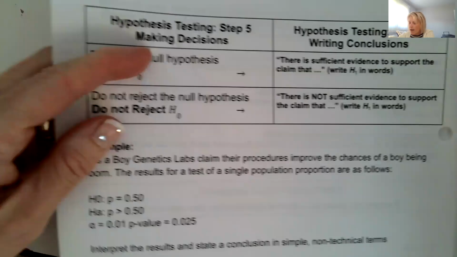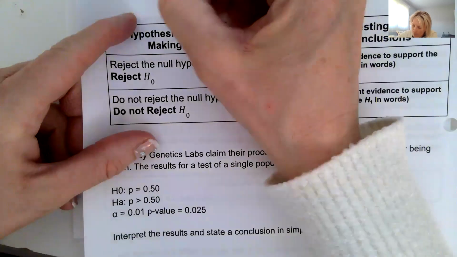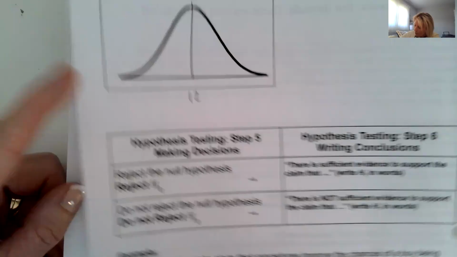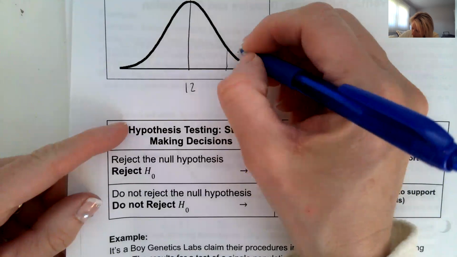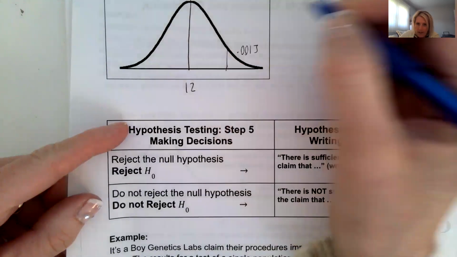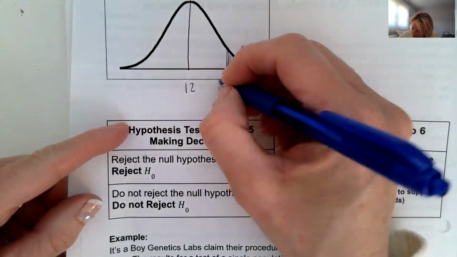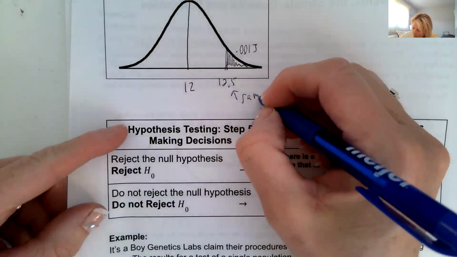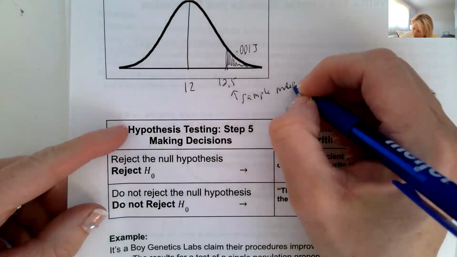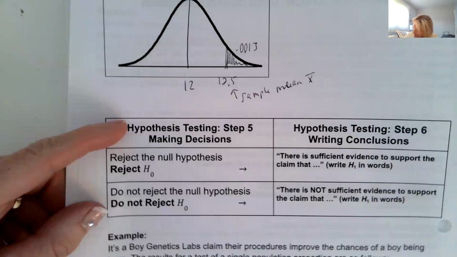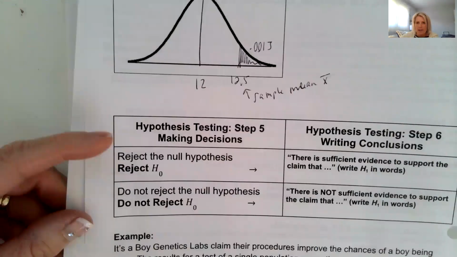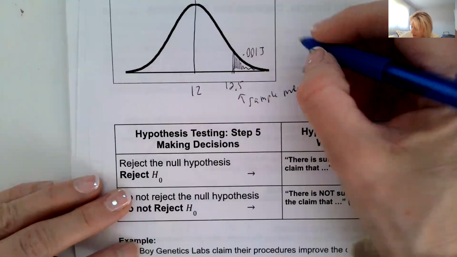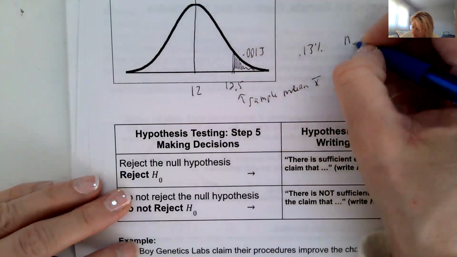On the graph, we draw our 12, and the p-value of 0.0013 would be here because it said greater than the sample mean of 12.5. The likelihood of another sample having an average of 12.5 or more is only 0.13%. So not likely.